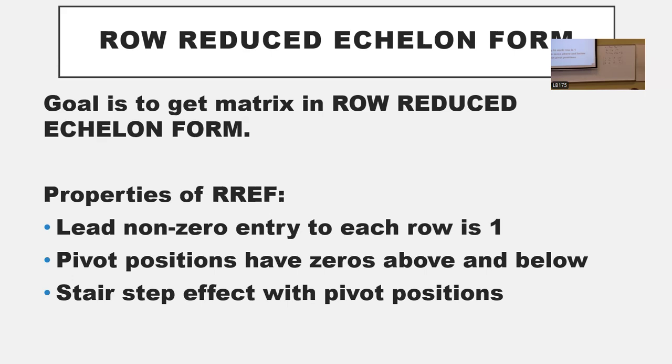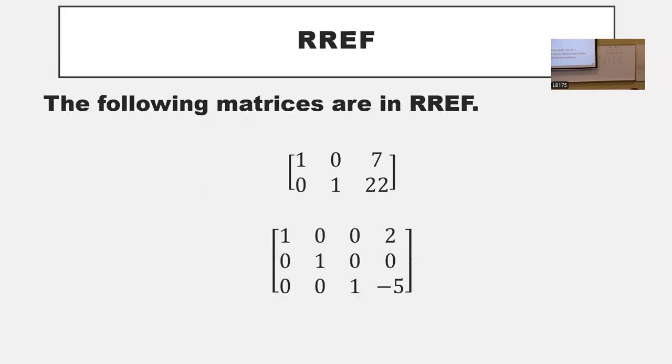Okay. This will make a little bit more sense when you see some examples. Here are 2 matrices that are in row reduced echelon form.